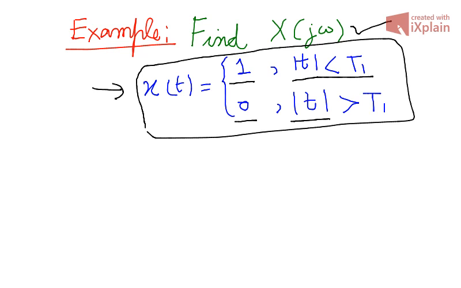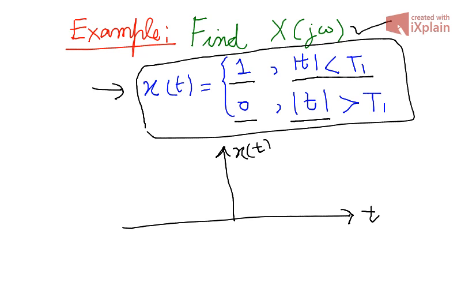So first of all, let's try to draw the function x of t, and then we would like to find its Fourier transform. Let's draw it on the time axis. Suppose we have a time axis and we are plotting x of t. Here is 0.